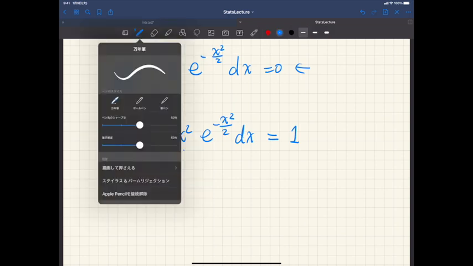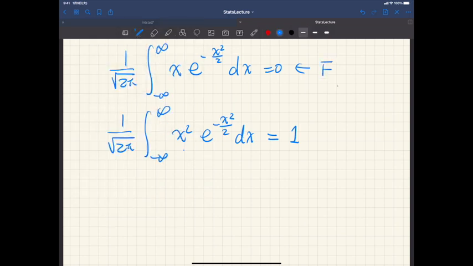So that means the standard normal random variable is usually denoted by z. So z follows the standard normal distribution.